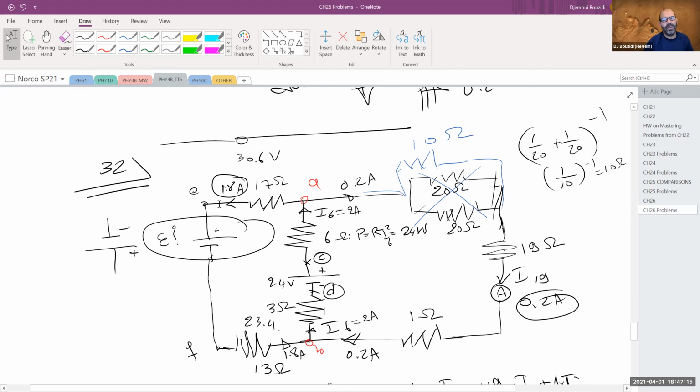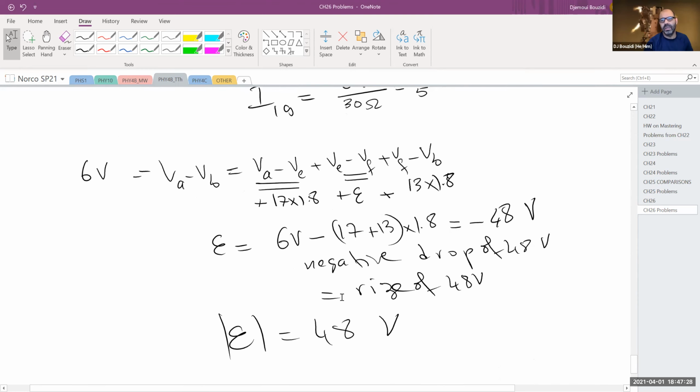Because you're dropping by 30.6, that's what that means, and you're dropping by 23.4, that's what that means. You must be rising by an exact amount so that this will be 6 volts. Did I make a mistake in the algebra in here?